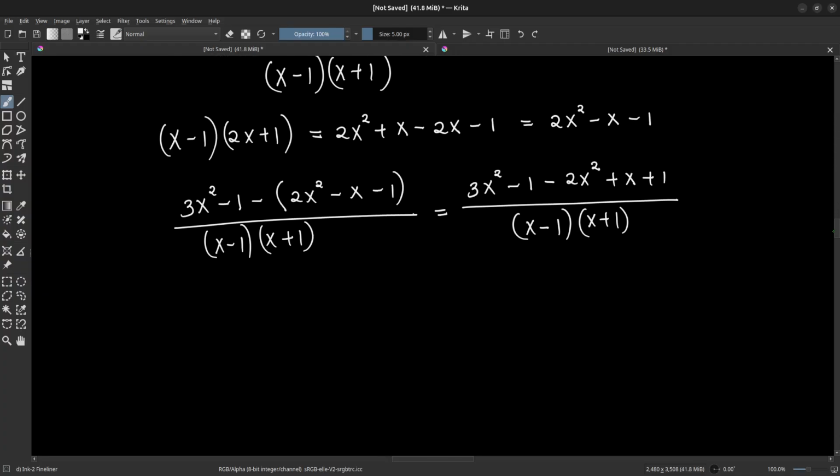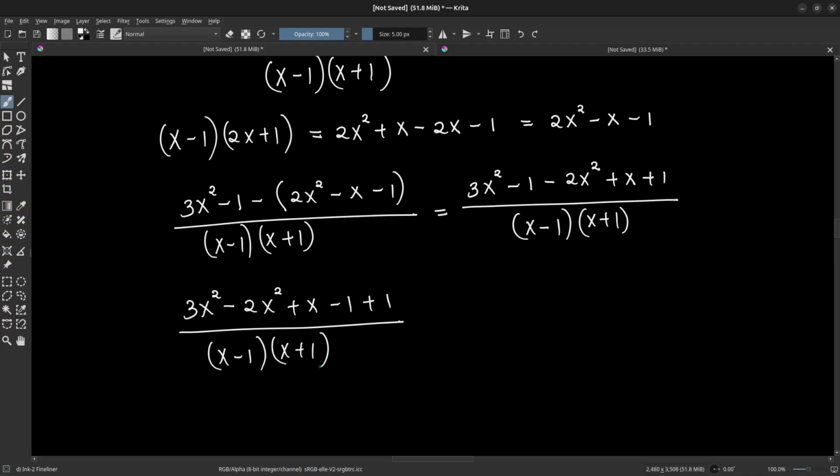Now collecting like terms on the numerator, we have 3x squared minus 2x squared, then the plus x, and then minus 1 plus 1.